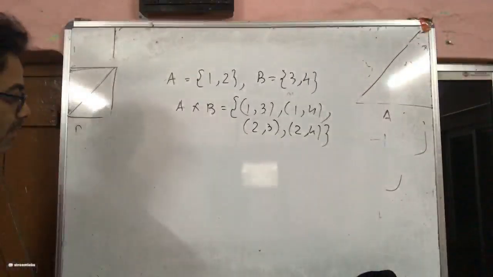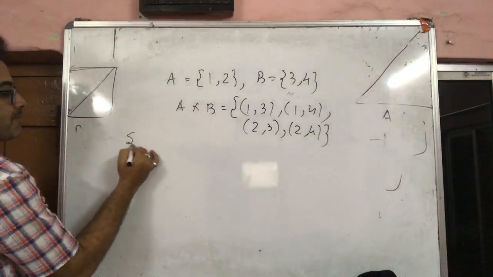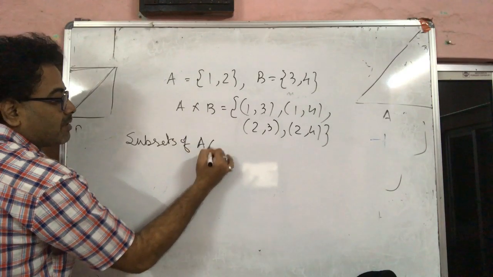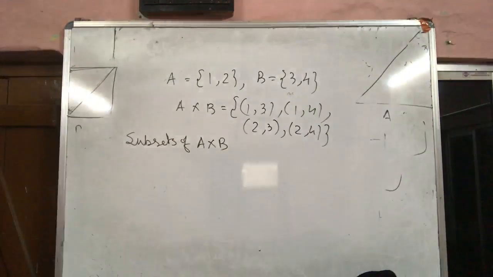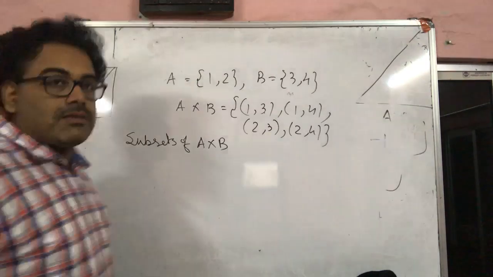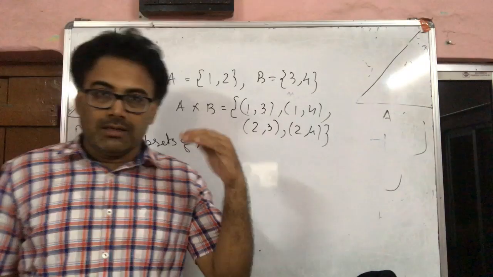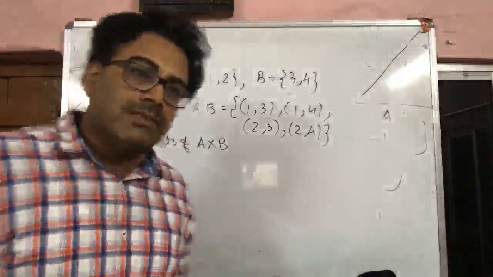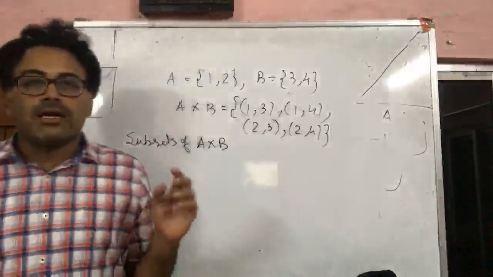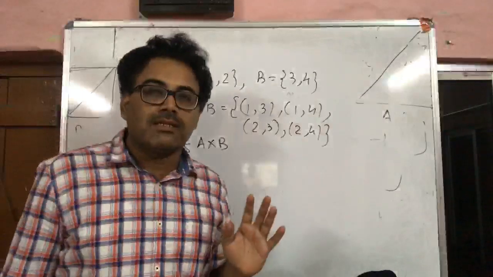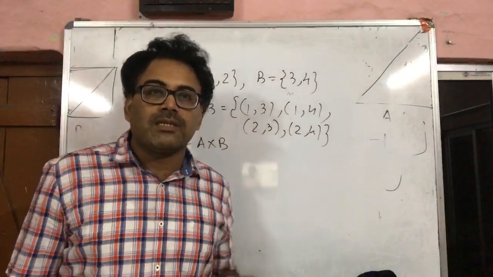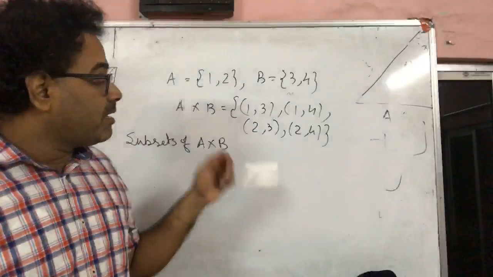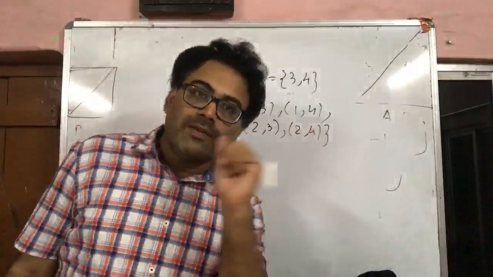Okay. Now, subsets of A cross B. I told you how to find subsets. Subset means containing 0 elements of the set, containing 1 element, containing 2 elements, containing 3 elements, containing 4 elements from the set.